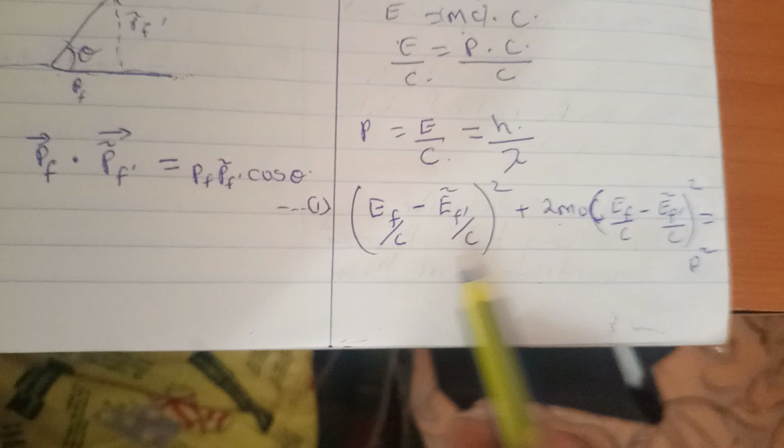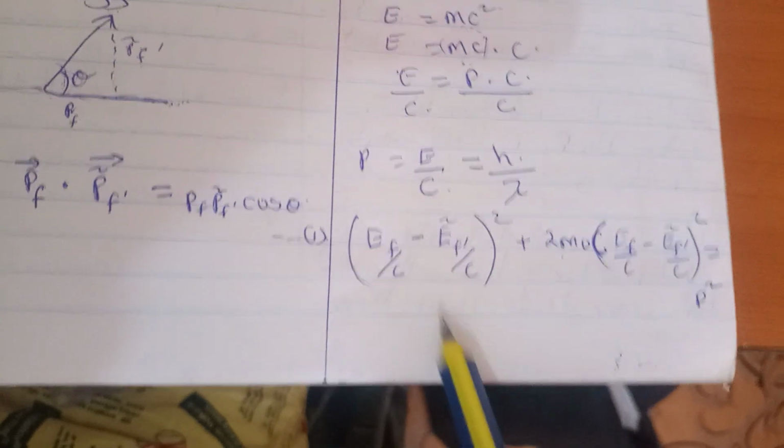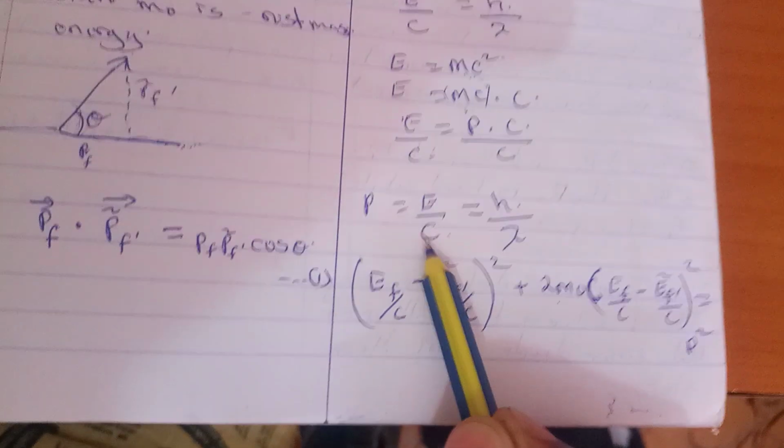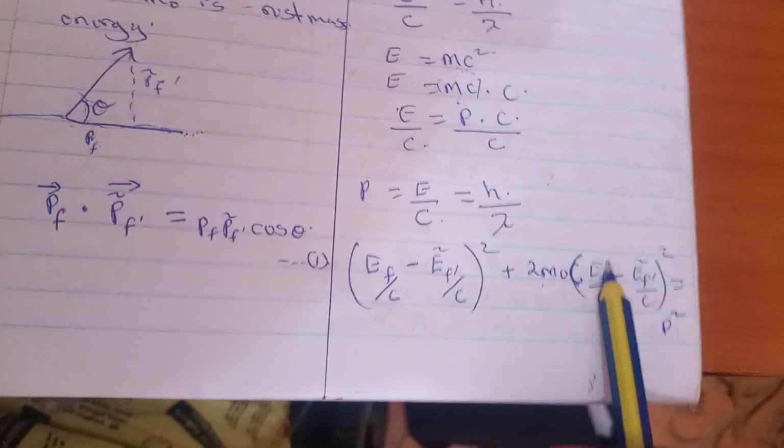Now, from this equation, we know that E over c, let's look here, E over c is what? Momentum. So we can replace this with the momentum.